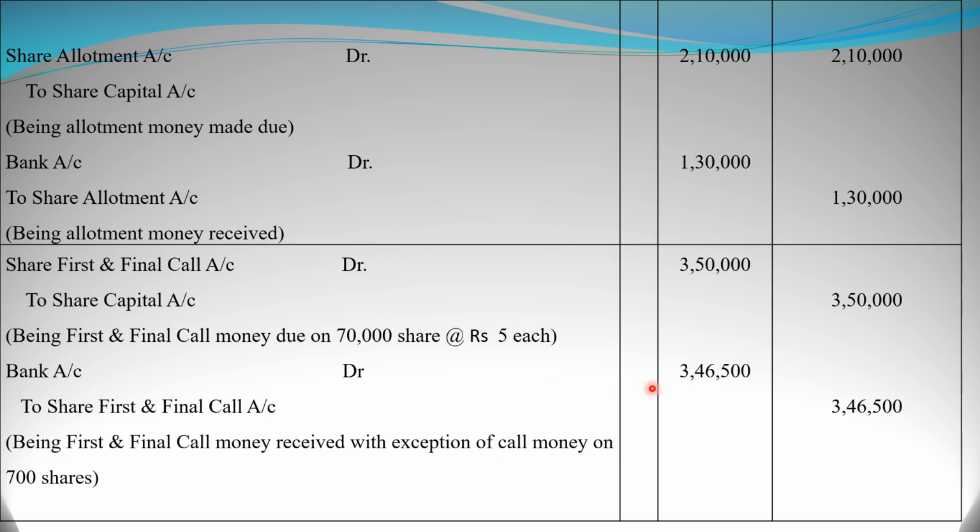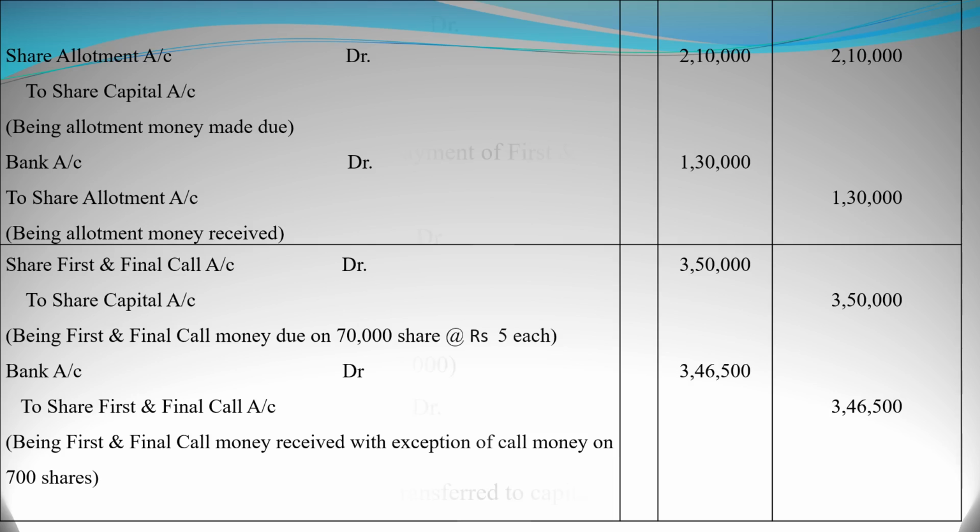That time bank account debit 3,46,500, calls in arrear 3,500, that is 700 into 5, 3,500, and to share first and final call 3,50,000. So that way also you can show. Another way you can show the net amount: bank account debit to share first and final call account 3,50,000 minus 3,500, 700 into 5. So the net amount is 3,46,500.